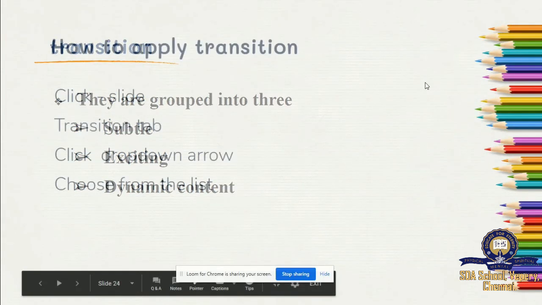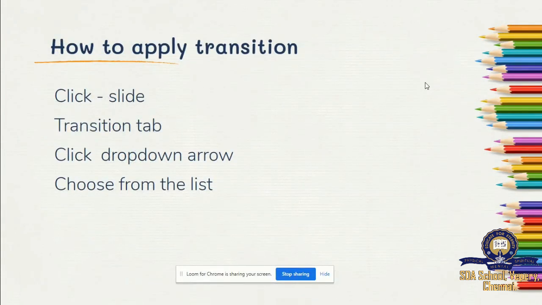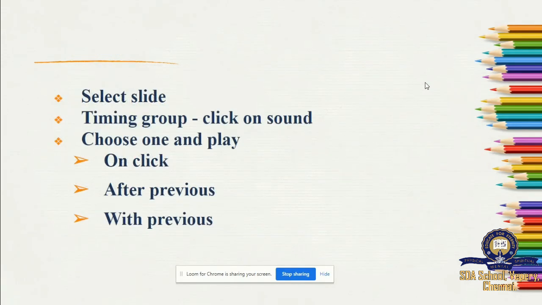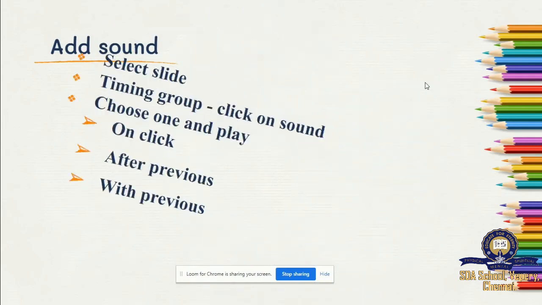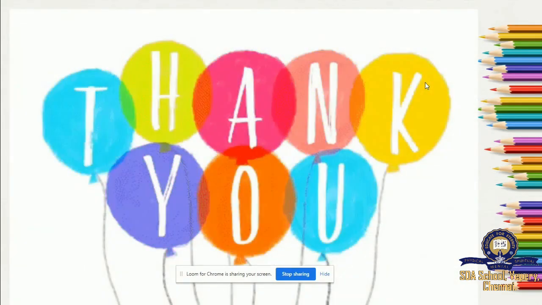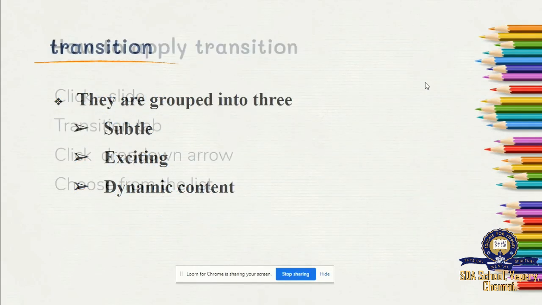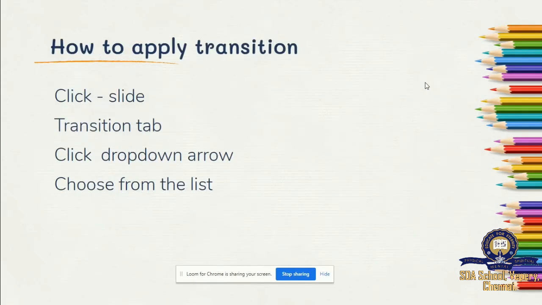Can you see dissolving? This slide dissolves and this slide appears. That is how you apply transition: clicking your slide first, then your transition tab, then your drop down arrow, then you're choosing from the list.